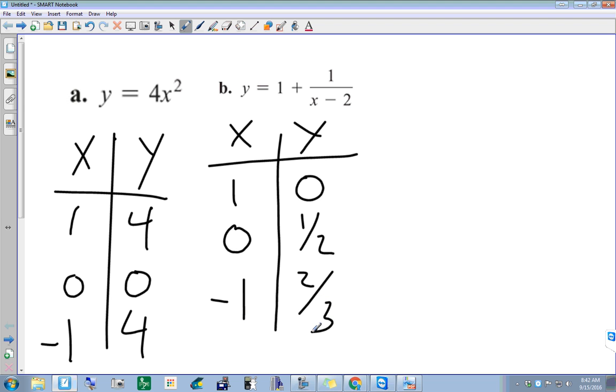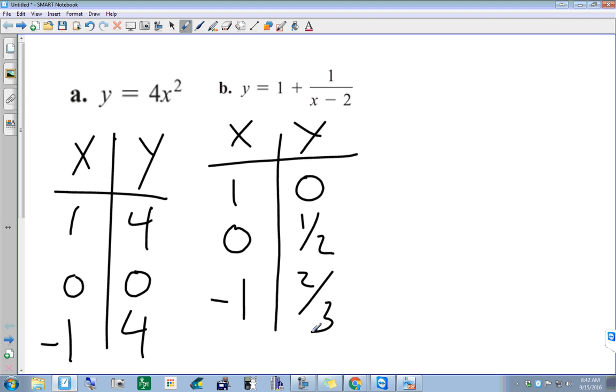Okay? Must work for all the numbers, right? Because I checked my 1, 0, and negative 1. Unfortunately, those are perfectly legal values. But I've got a problem.